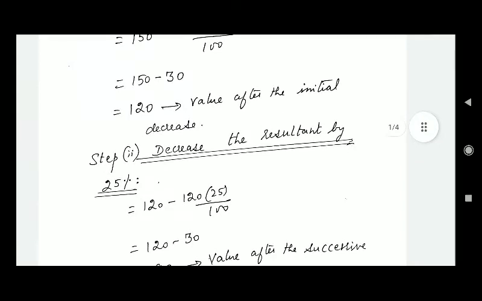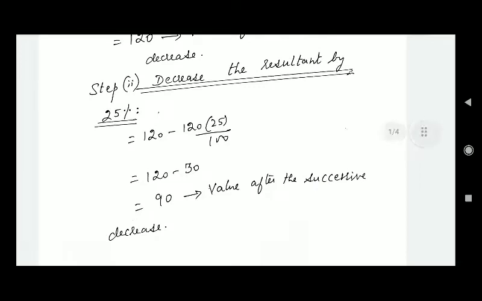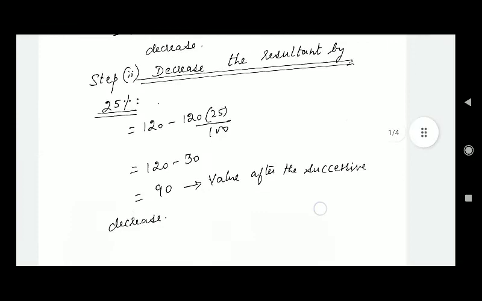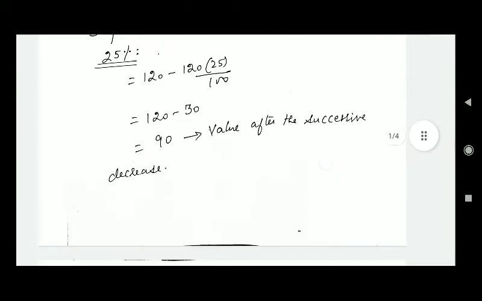Now if we further decrease 120 by 25%, the value that we will get will be 120 minus 25 by 100 times 120, that amounts to be 90. So 90 is the value that we get after two successive percentage drops from 150, namely 20 and 25.